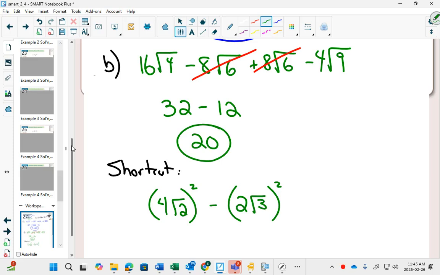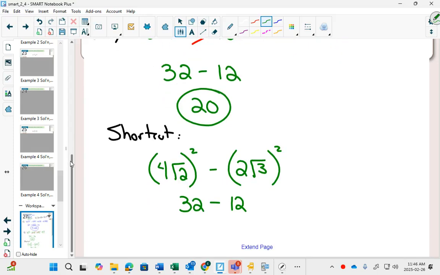If I square 4, I get 16. If I square square root, I would just get 2. 16 times 2, 32. If I square 2, I get 4. If I square that, I'll get 3. 4 times 3, 12. And you would get 20 that way as well.